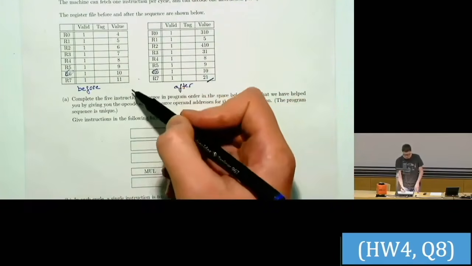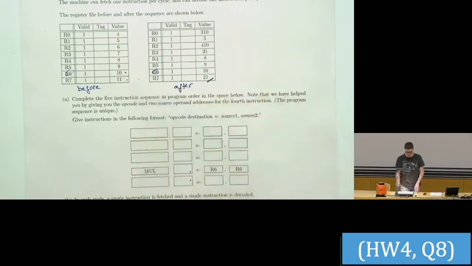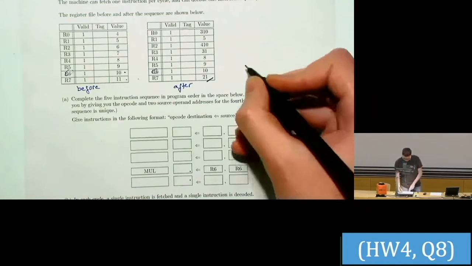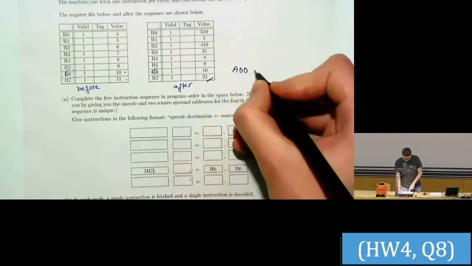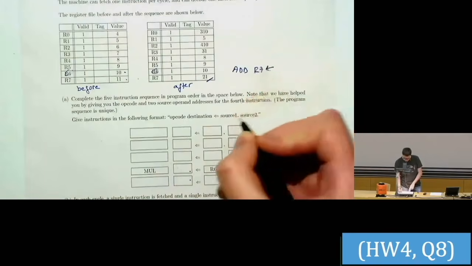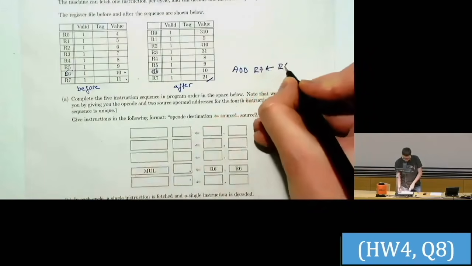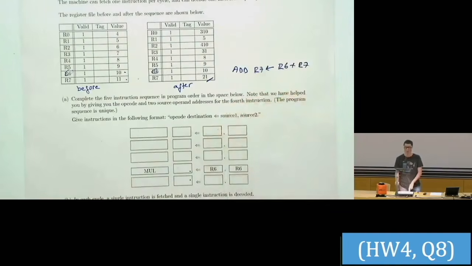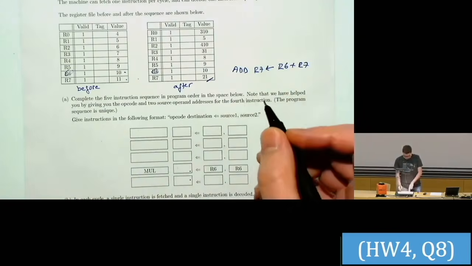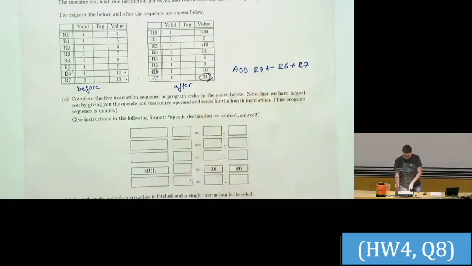So here the only option for doing that is adding together 10 and 11, right? So we cannot multiply 11 and 1 because we don't have 1 in the register file. So one instruction then should be an add which writes to R7 and uses R6 and R7 as source registers, okay? So this is basically creating 21 in here.